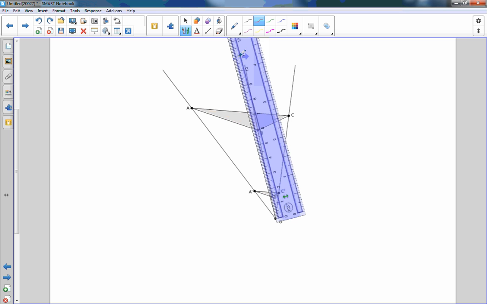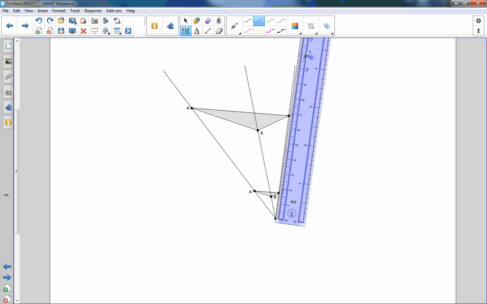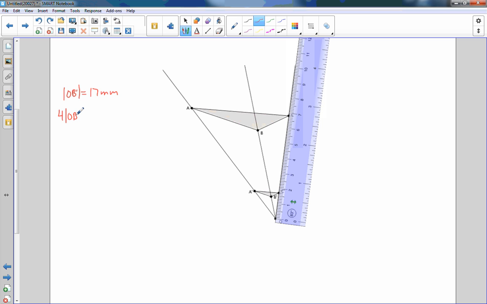There we go. I'm going to measure the distances from O to B prime, and I'm going to write that over here. The length of OB prime equals, and it is 15, 16, 17 millimeters. So if I multiply that, 4 OB primes should equal 4 times 17 millimeters.